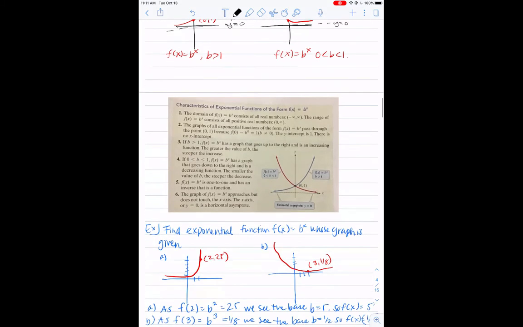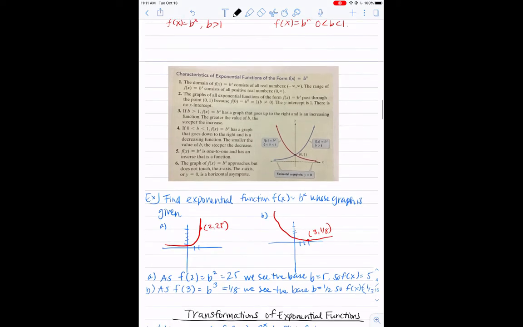Okay. So this is just a little chart to easily recall the characteristics of exponential functions. So we have our domain and range, what we discussed, passing through the point (0, 1). So our y-intercept is 1, and we don't have an x-intercept because our horizontal asymptote is y equals 0.